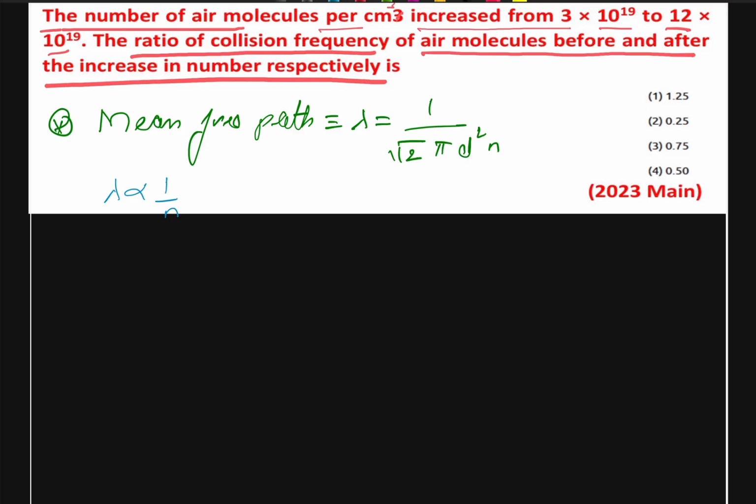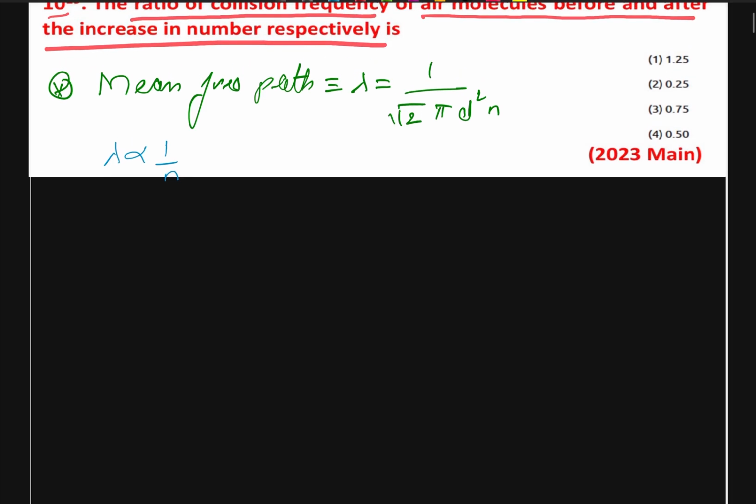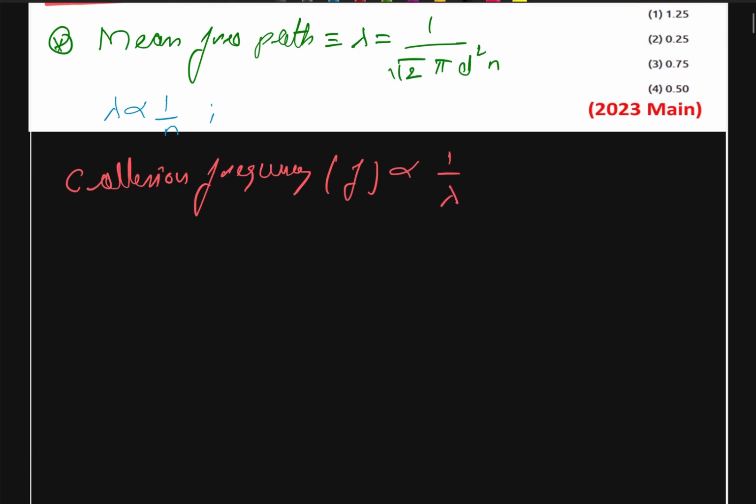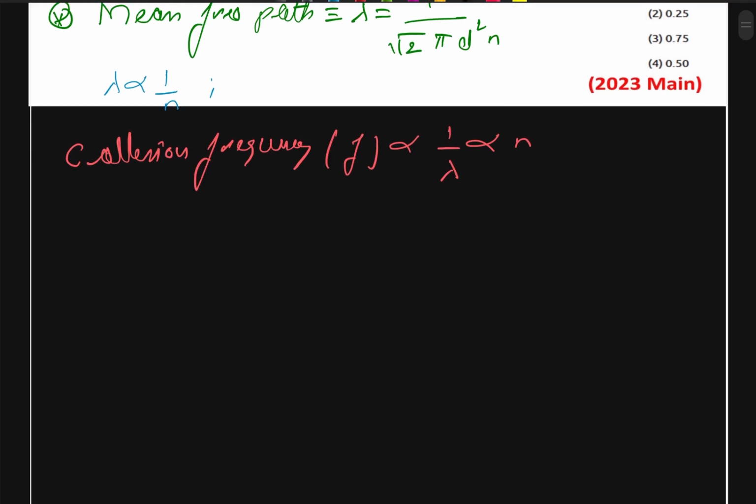And we have to find out the collision frequency, and we know that our collision frequency is inversely proportional to mean free path. So you can say our collision frequency, if it is represented as f, is inversely proportional to mean free path, or we can say that our collision frequency will be directly proportional to our n, where n is our number of air molecules.